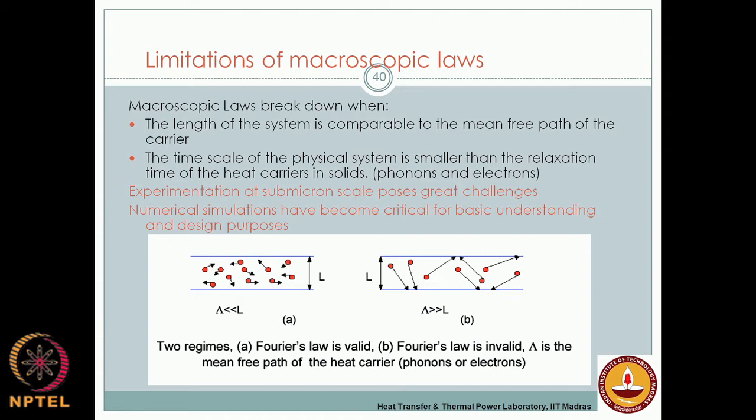For example, temperature can be defined only in the continuum sense. We cannot put a thermocouple on a hot spot, as I was explaining in the previous lecture, in a silicon on insulator device.